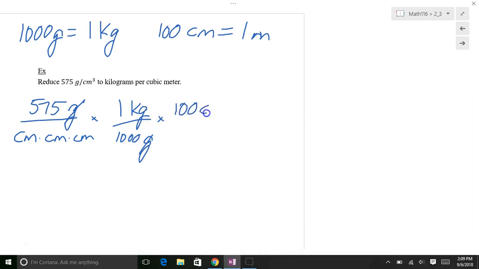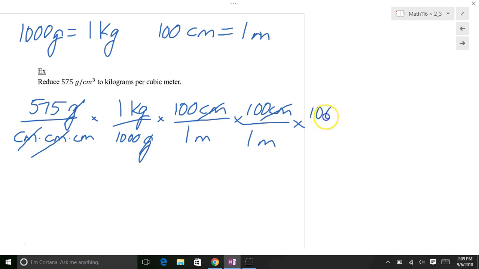For every 100 centimeters, it's 1 meter. That takes care of one of those. We have to take care of all 3 of those centimeters. So for 100 centimeters, it's 1 meter, and the next centimeter is gone. One more time, 100 centimeters in every meter. The last centimeter is gone.